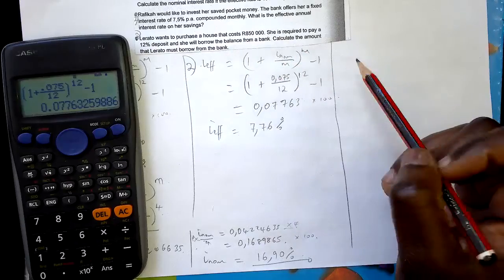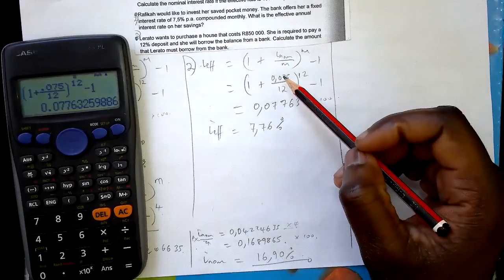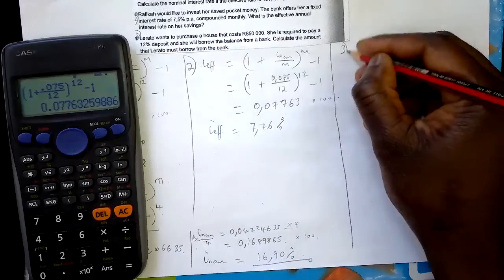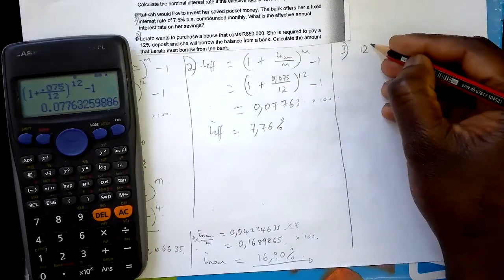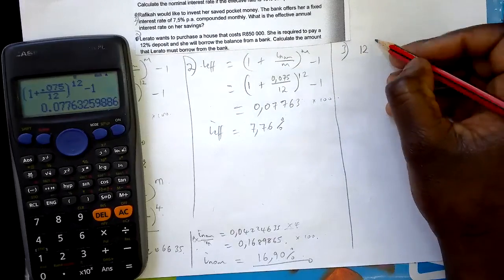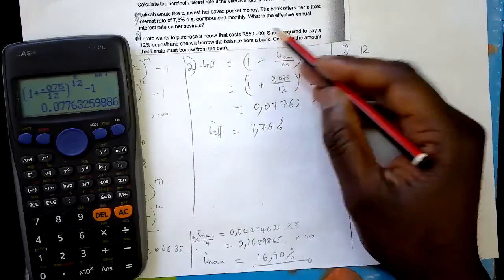The good thing here is she is required to pay a 12% deposit. So on number 3, 12% of what? We just subtract the 12% deposit.